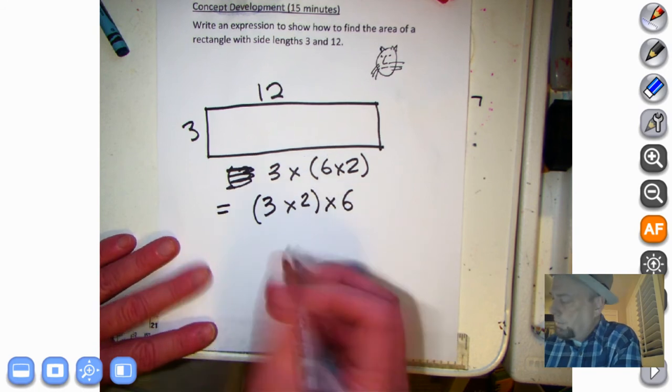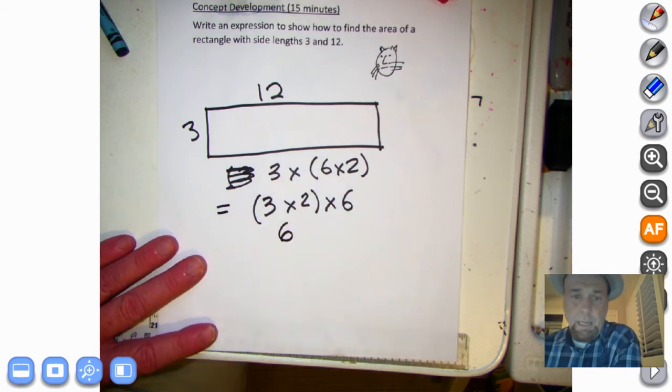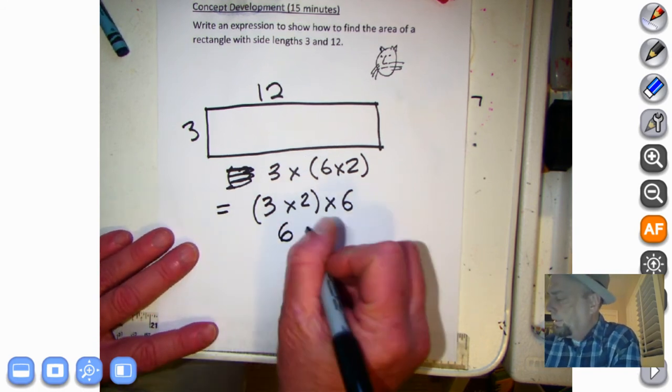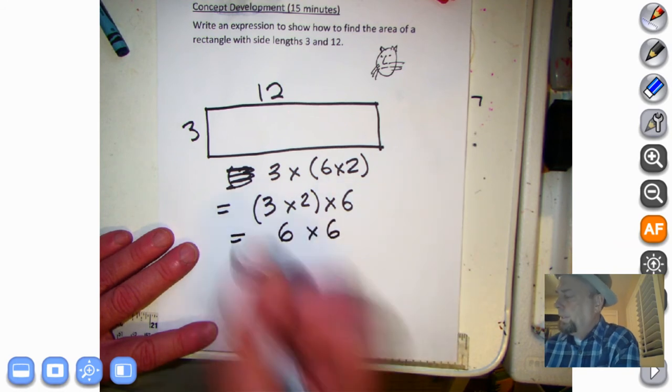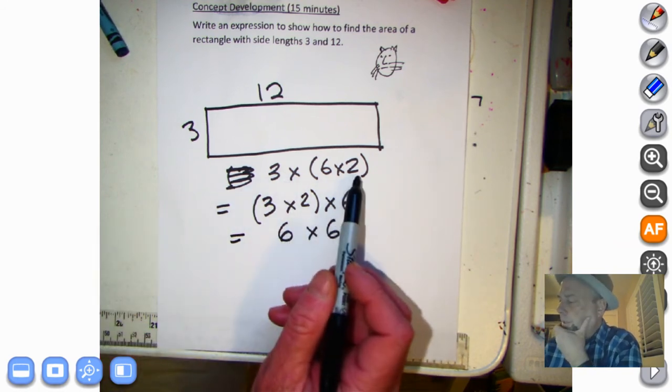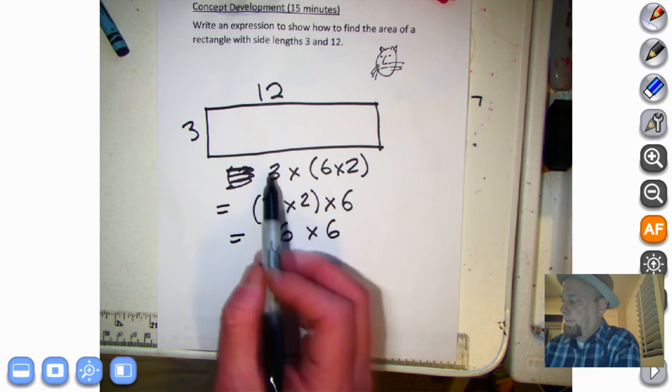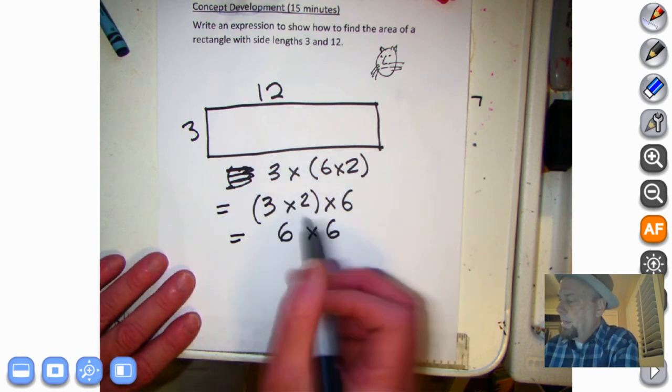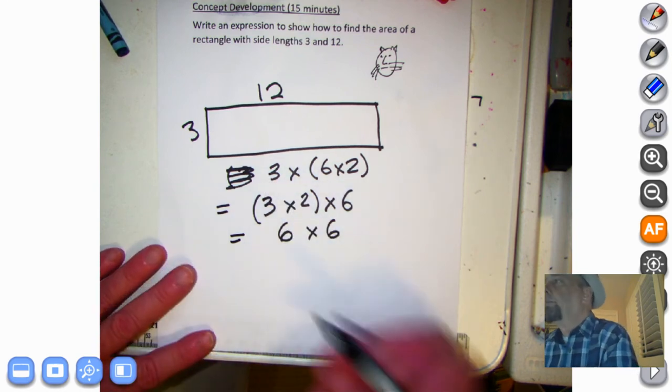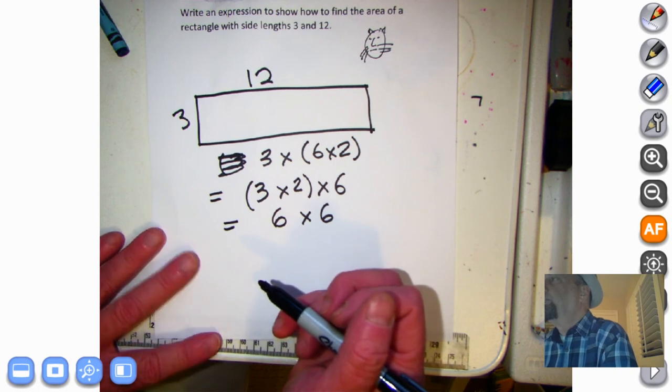And we all know 3 times 2 is 6, so we're left with 6 times 6. So 3 times 6 times 2 equals 3 times 2 times 6, and that equals 6 times 6. This is the associative property.